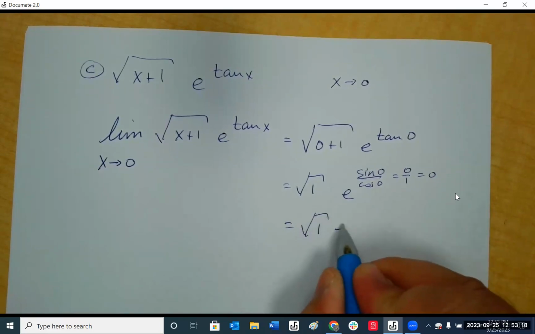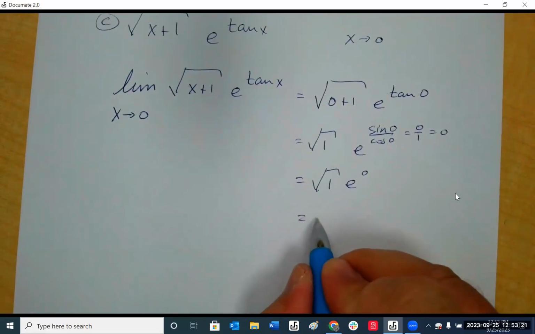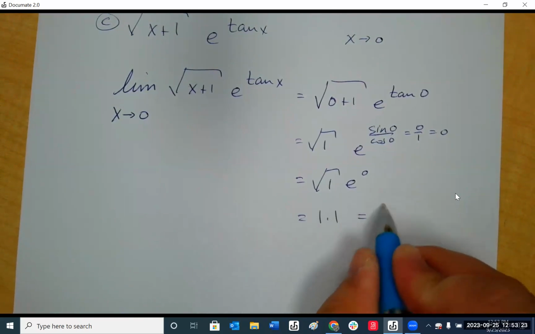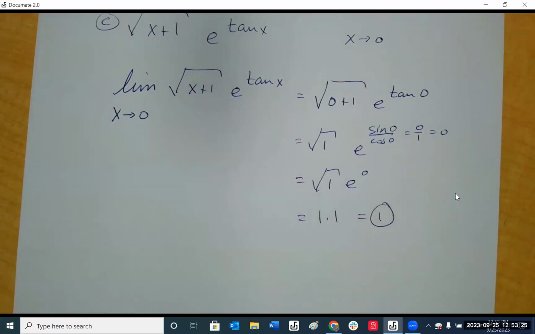So we've got e to the power of 0 equals 1. Radical 1 times e to the power 0 is 1 times 1 equals 1. Pretty good. It looks ugly, but once you plug in, it's pretty easy.